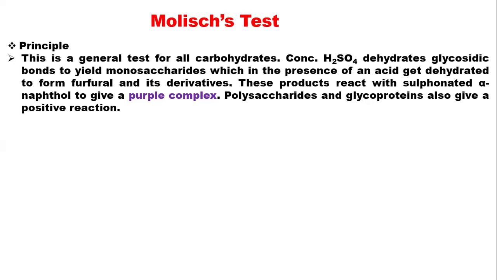purple complex. So at the end of the day, you are going to see a purple complex if the sample you are dealing with is carbohydrate. So generally, this is for all carbohydrates.